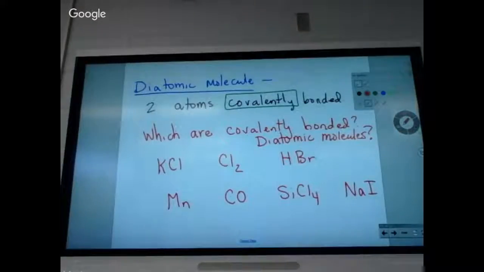In order to be a diatomic molecule, the first thing you have to know is, are they covalently bonded? Because if they're not covalently bonded, can they be diatomic molecules? No. Because most people, I find, rush to, oh yeah, they're diatomic because they have two. But the first thing you have to say is, are they covalently bonded? Because if they're not covalently bonded, they can't be diatomic molecules.